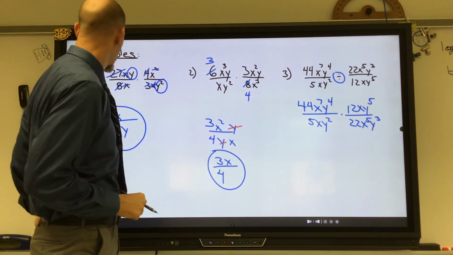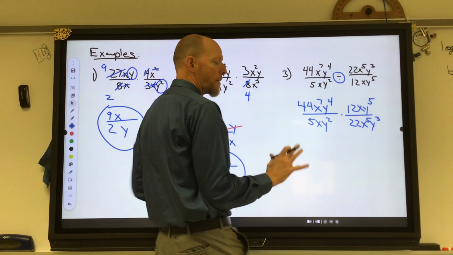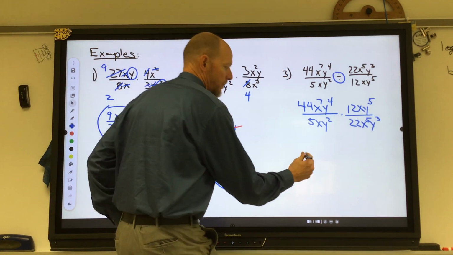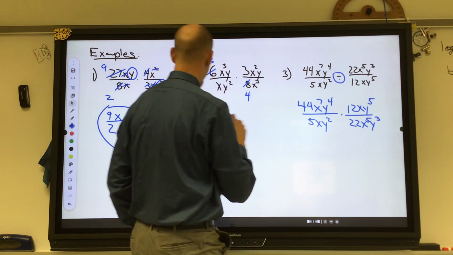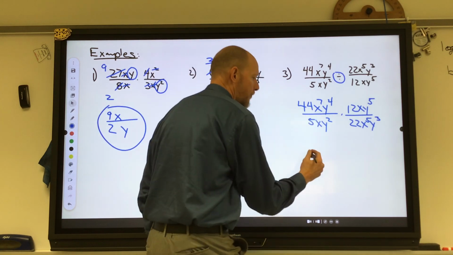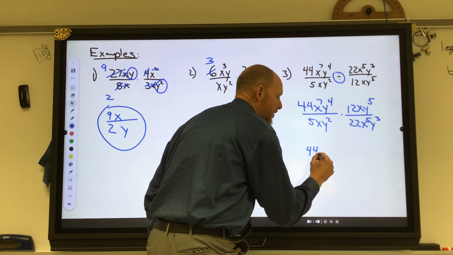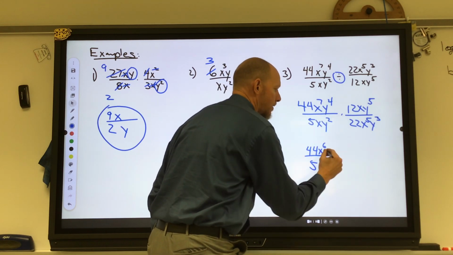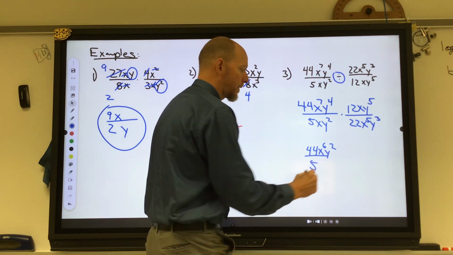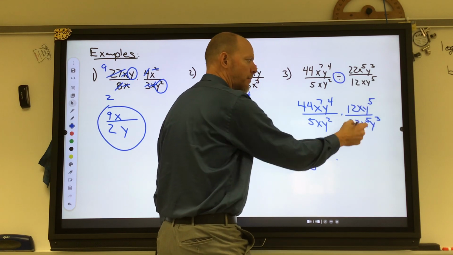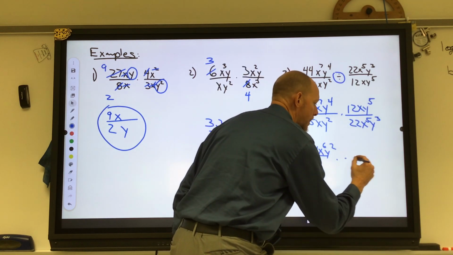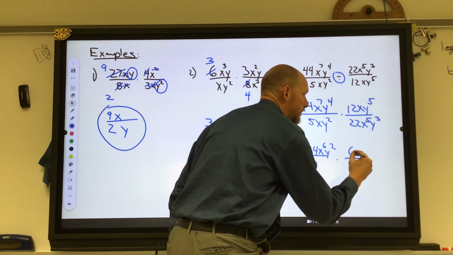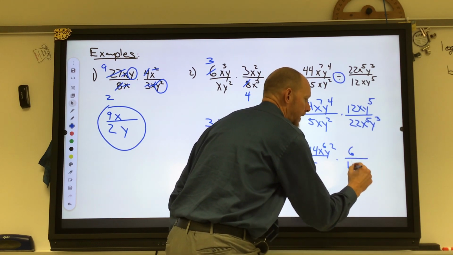Now, we've got a lot going on here again, so I'm going to try to baby step it a little bit. I'm going to work with this first fraction. And working the first fraction, I'm just going to leave the numbers alone. I see I'm going to end up with x to the 6th, y squared. Here, I can simplify the numbers by a factor of 2. So that's going to give me 6 and 11.